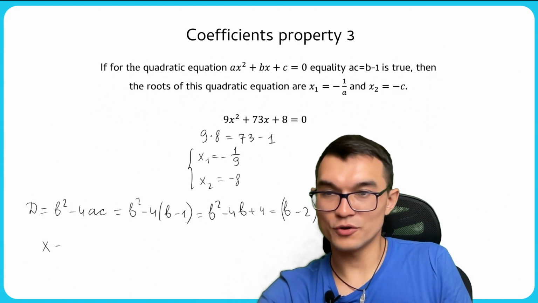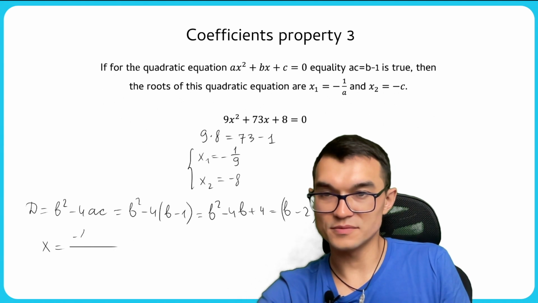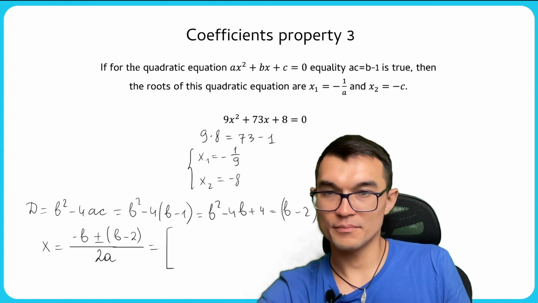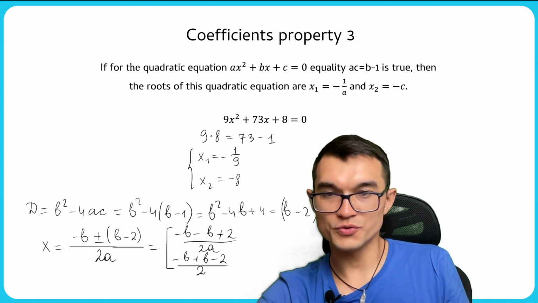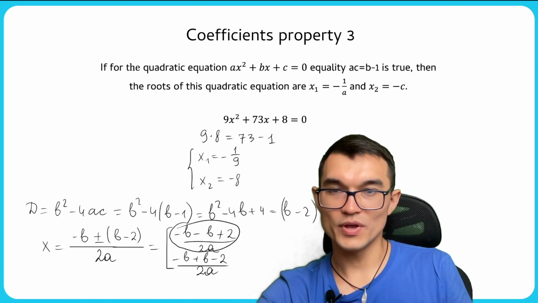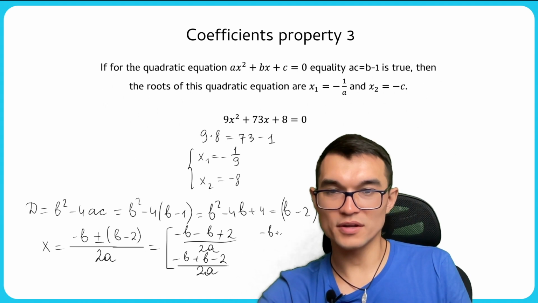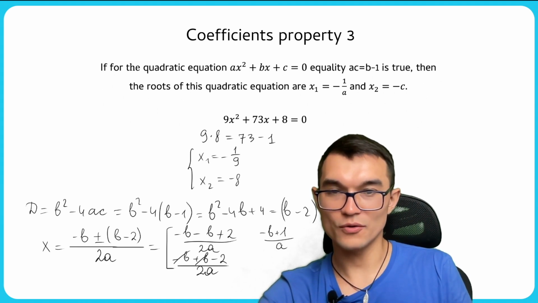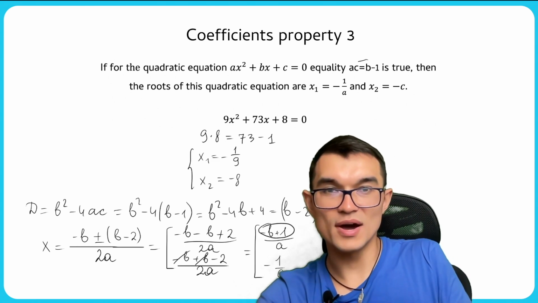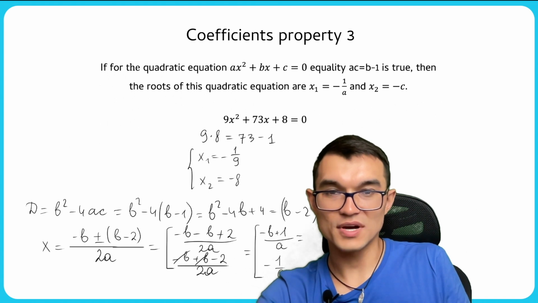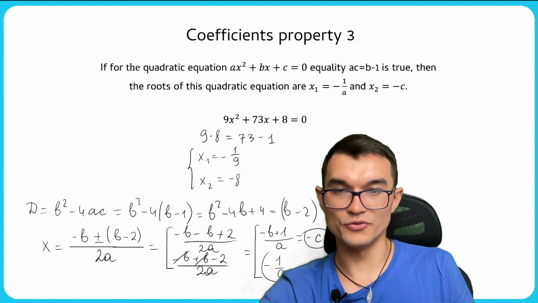And now the quadratic formula gives us x equals minus b plus minus (b minus 2) over 2a, which is minus b plus 2 over 2a, or minus b plus b minus 2 over 2a. In that case, we have got minus b plus 1 over a, whereas here we have got minus 2 over 2a, or minus 1 over a. And finally, since that is equal to minus ac, then we have got minus c here.